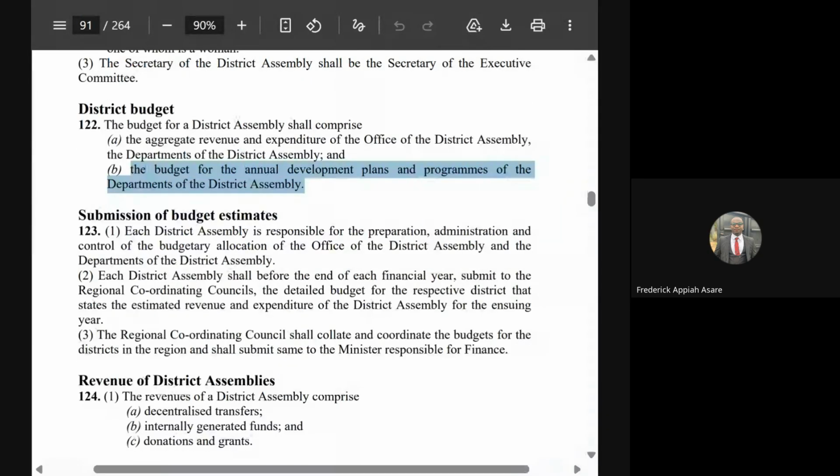So the budget of the district assembly is made up of these two: the one that adds up all revenue and expenditure of the office of the district assembly and its departments. That is one budget. Then the other budget is the one they usually prepare in relation to the annual development plans and programs of the departments of the district assemblies.